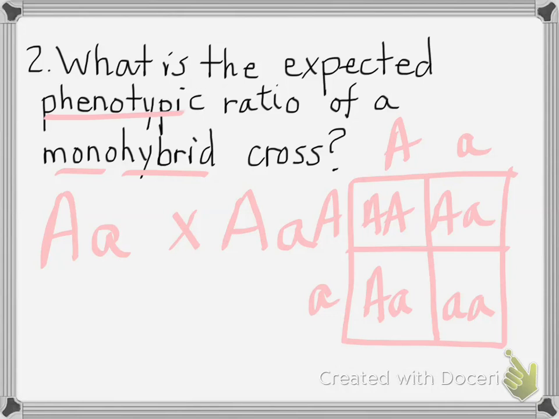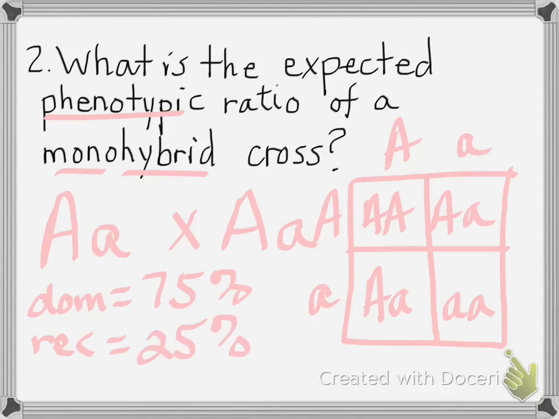So phenotypic ratio. What percent do you expect to be dominant? 75%. And recessive? 25. Now guys, that is good for percentages. What if you were just doing ratios? 3 to 1.